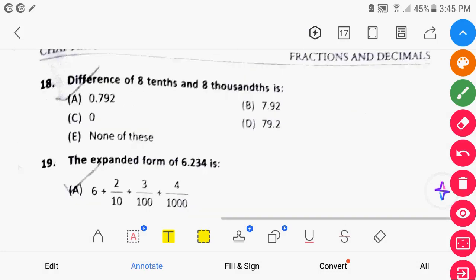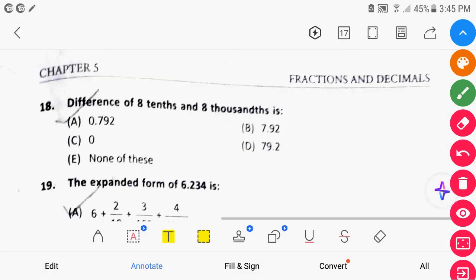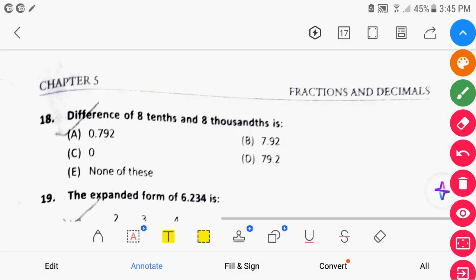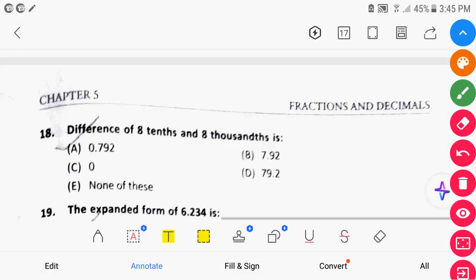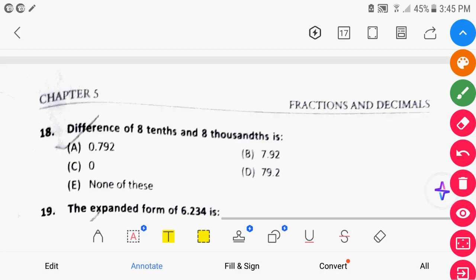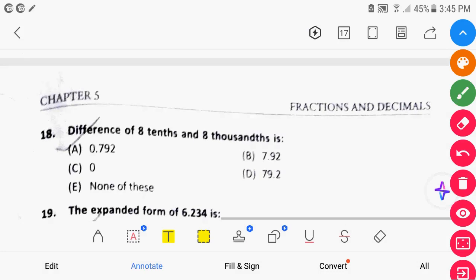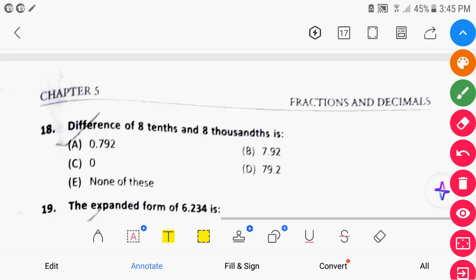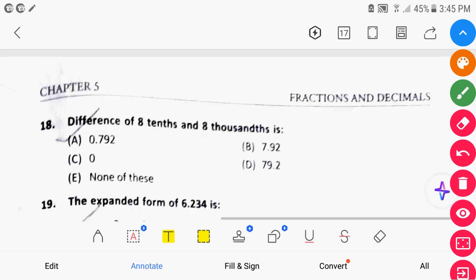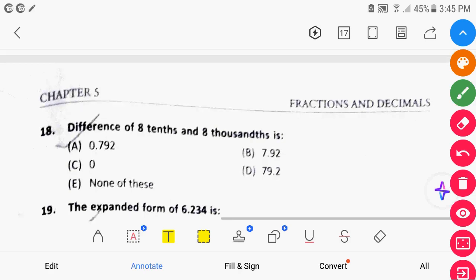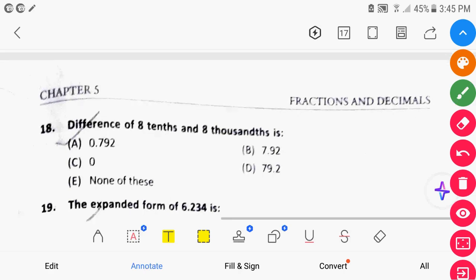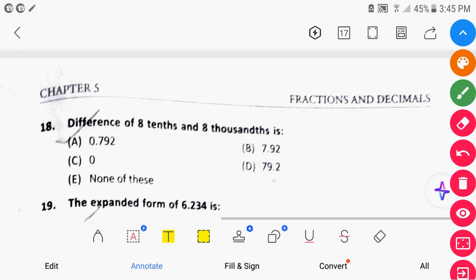This 2 is at the tenths position, meaning 2 multiplied by 1 by 10. This 3 is at the hundredths, so 3 multiplied by 1 by 100. And this is at the thousandths, so 4 multiplied by 1 upon 1000. So where is such an option? 6 plus 2 upon 10, 3 upon 100, 4 upon 1000. Yes, this is your answer. Okay.